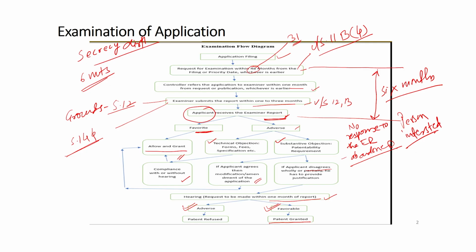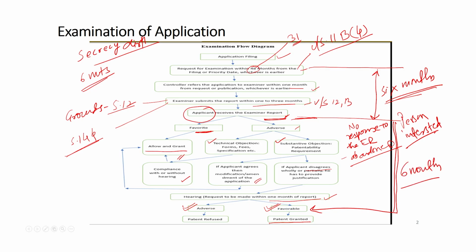Now, as I said, from the request of examination to the stage when the applicant receives the examiner's report, this time period is 6 months. Now, from the stage of the applicant receiving the examiner's report to the stage where the controller takes a decision whether the patent is to be granted or not, this is again the next 6 months.